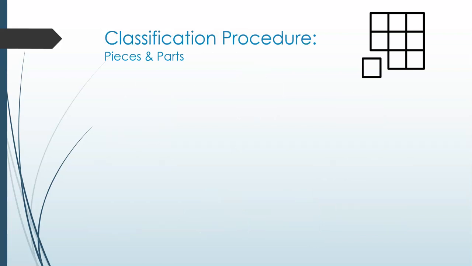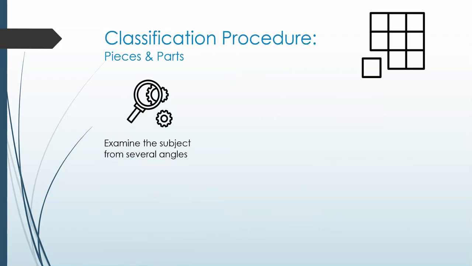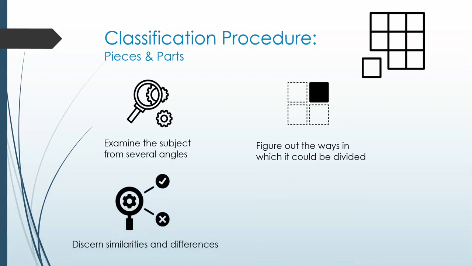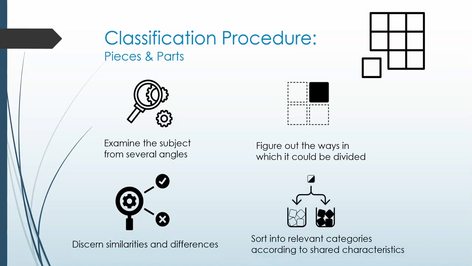So, what should you do when classifying? First, you should examine the subject from several angles, figuring out a few different ways it could be subdivided or grouped, paying special attention to similarities and differences. Then, you sort the objects into relevant categories according to shared characteristics.